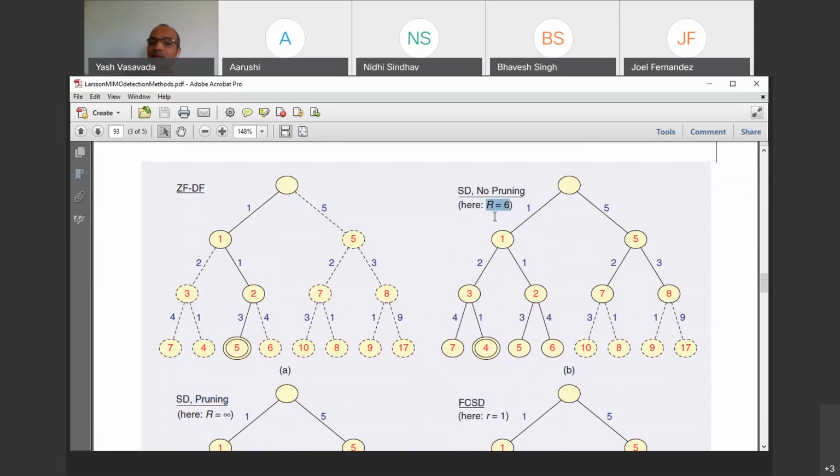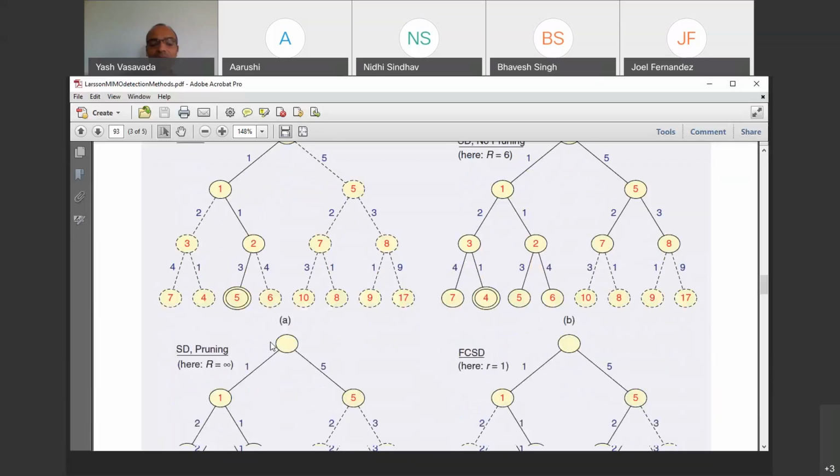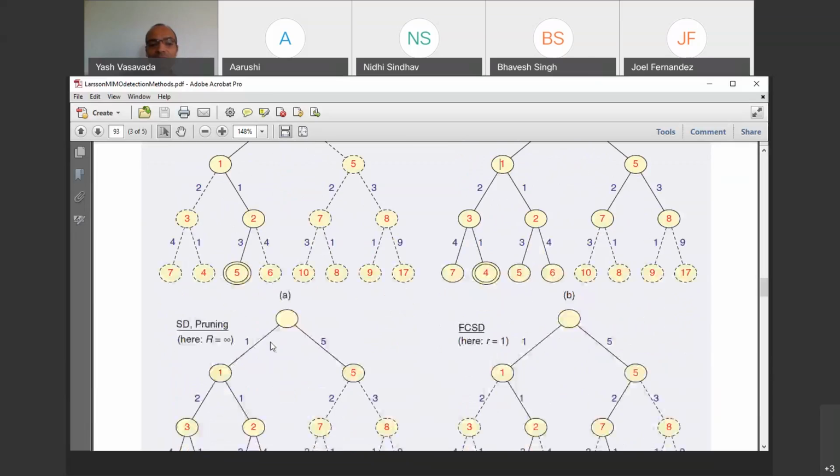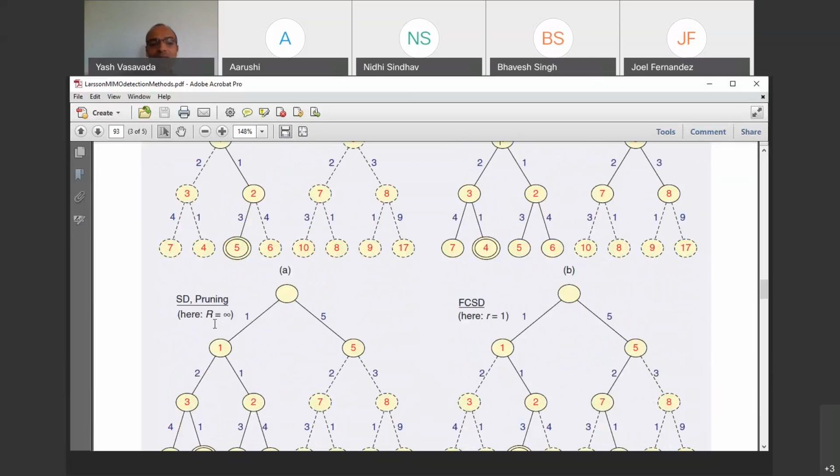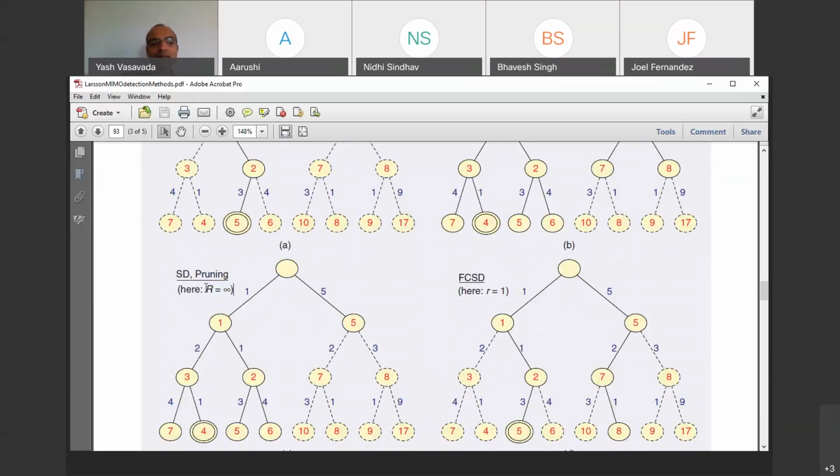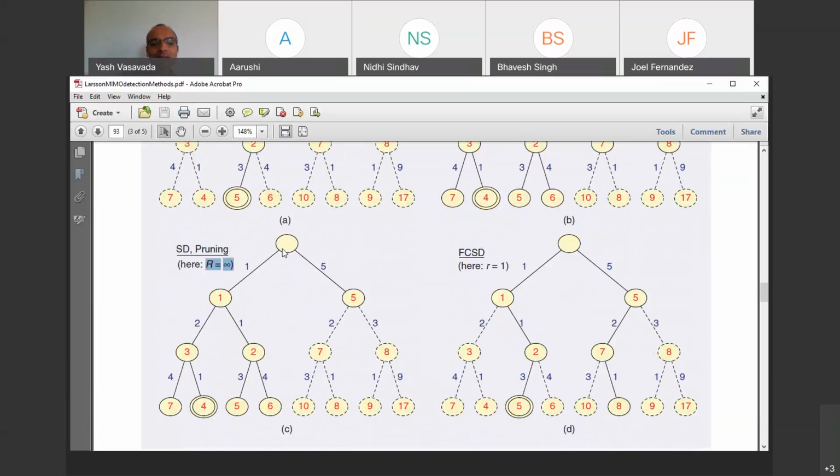Here the radius is fixed, it is 6. Whereas in the pruning algorithm, when it starts out, I will initially make the radius equal to infinity. That initial infinite radius is there only to allow me to slide down the very first path of this binary tree until I reach the leaf node.